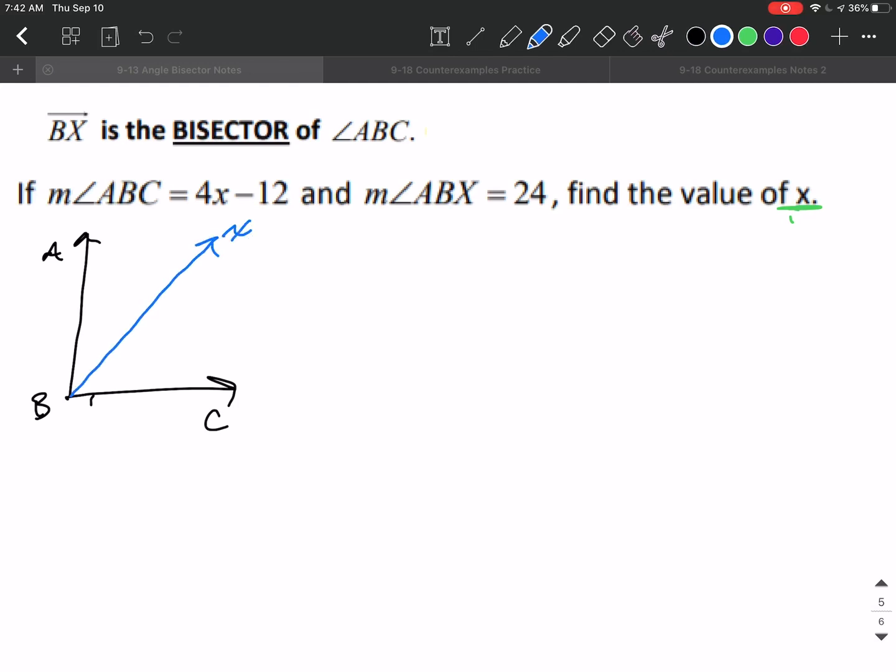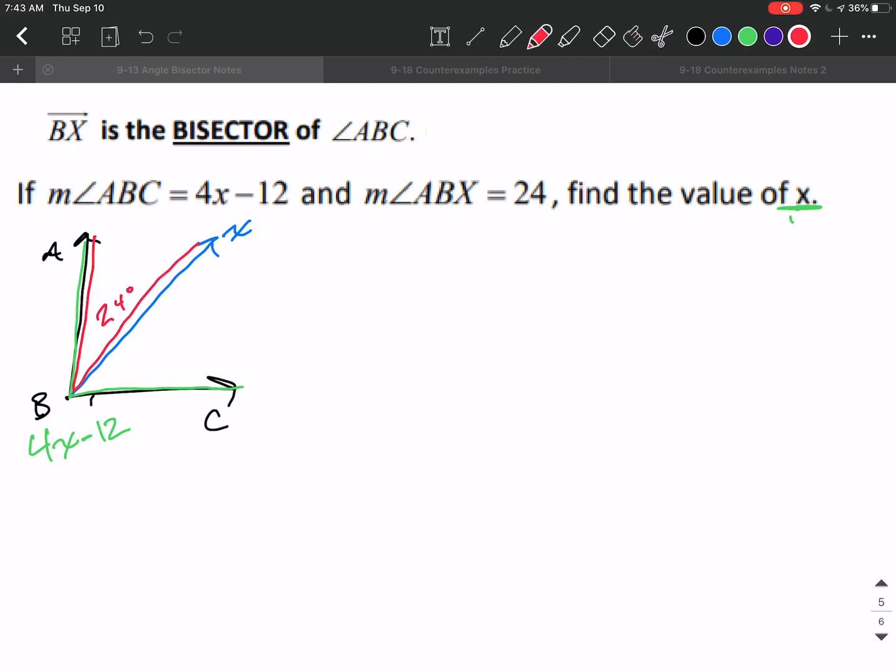So this one, if the measure of ABC is equal to 4x minus 12, so I know the entire angle of ABC is 4x minus 12. And I know the measure of ABX is equal to 24. So ABX is 24 degrees.